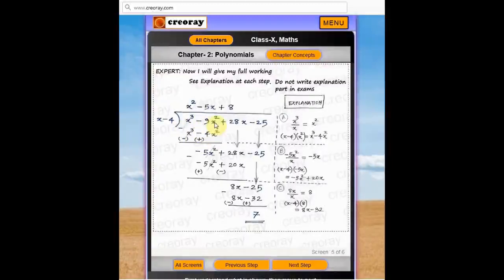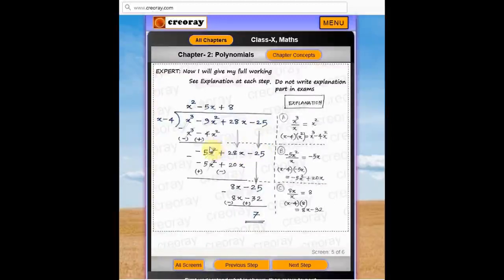So minus 9x squared plus 4x squared will become minus 5x squared. So this is step 1 of division till here. You will get x squared as the first term, and the division is not complete yet. You have to bring this down, 28x and 25.